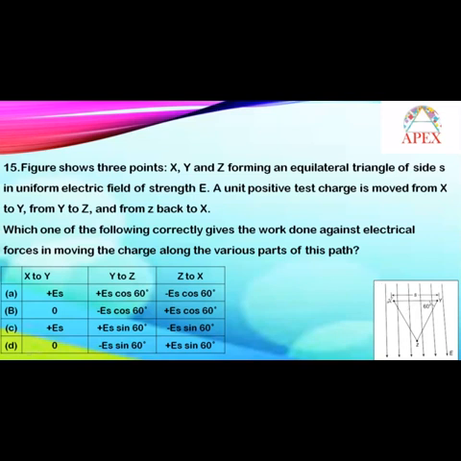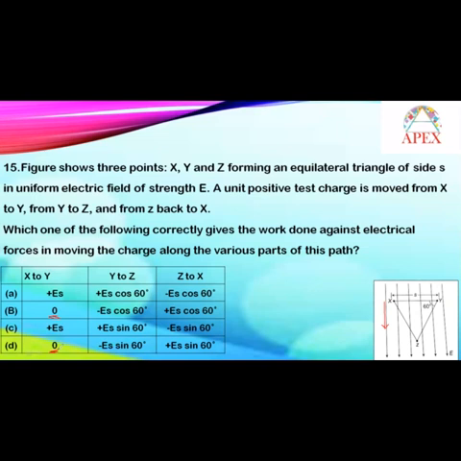This is the field direction. In this direction, X and Y are at the same distance. There is no gap between X and Y. Hence both of them will have the same potential. Between the same potential, there is no need to do any work. That means the work done to bring the charge from X to Y will be 0 first of all.